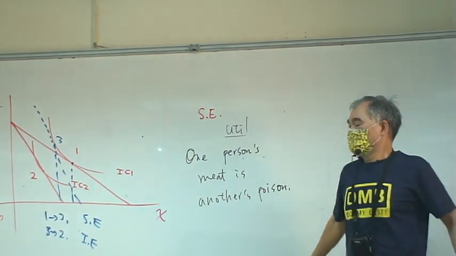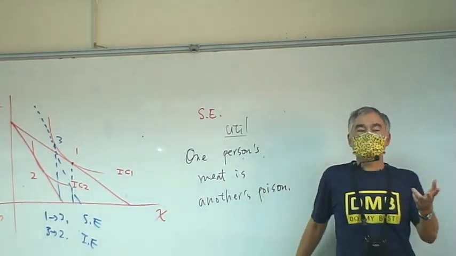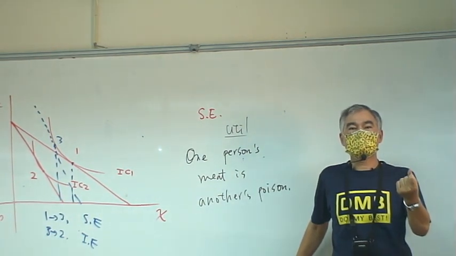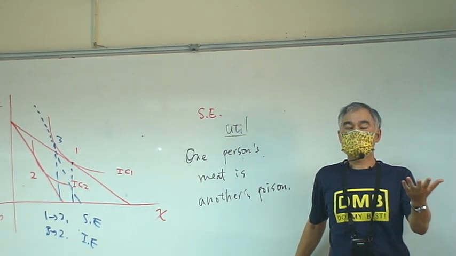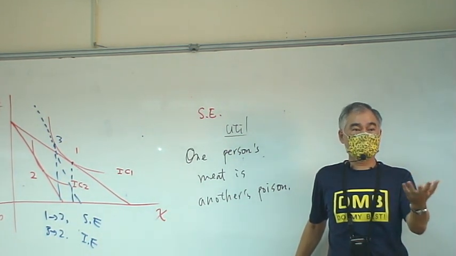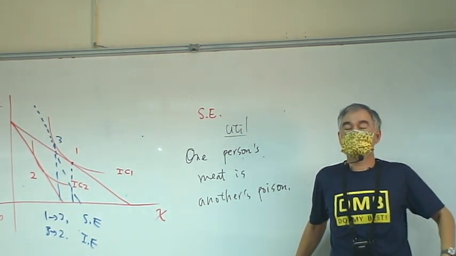The other thing is that when you drink 1 cup of coffee, 2 cups, 3 cups, 4 cups, can you compare all the utilities across these cups? It doesn't work, okay?